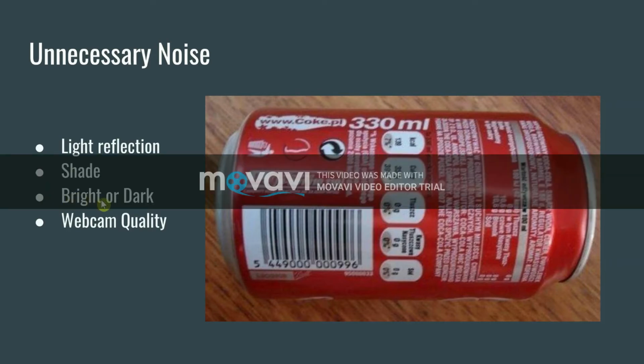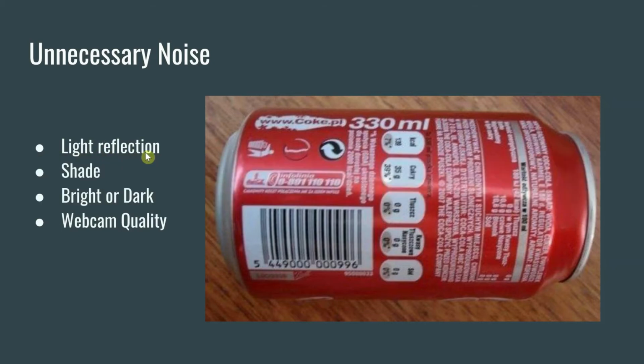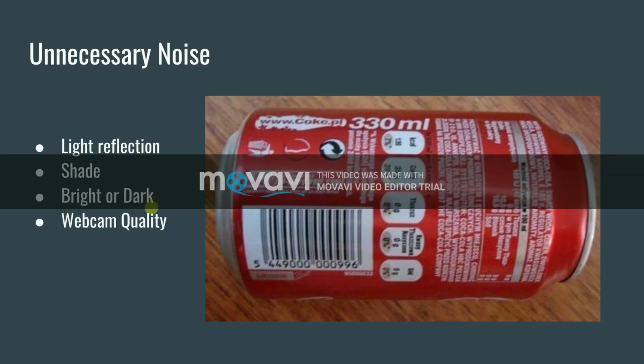Also, the brightness or darkness of the atmosphere matters. If we take a picture in really bright light, there will be more light reflection showing in the image. If we take it dark, there's less light reflection, but the image won't be as clear as we need it.